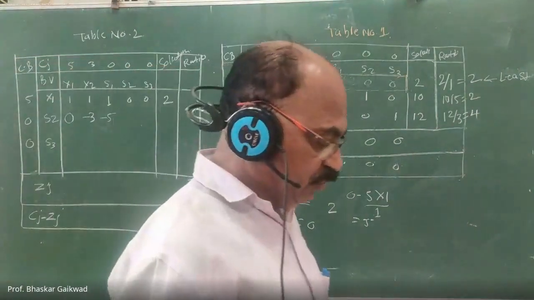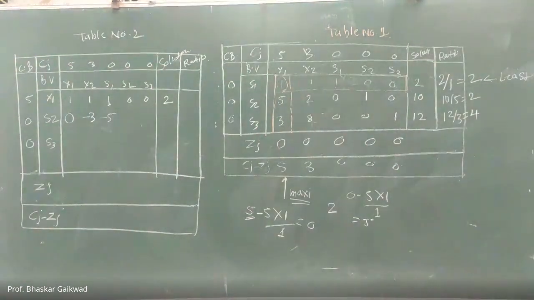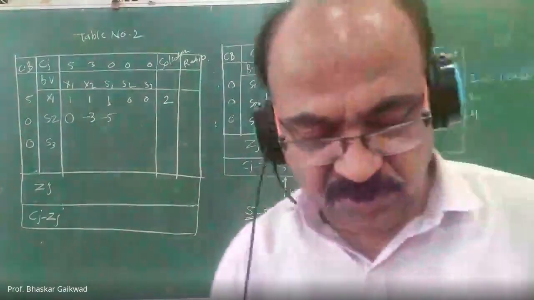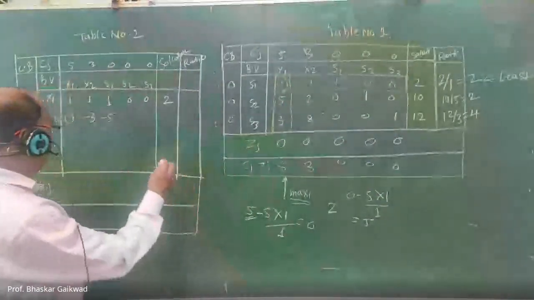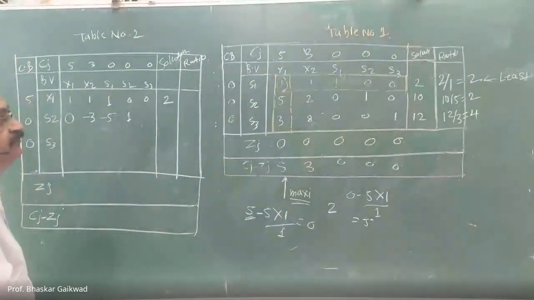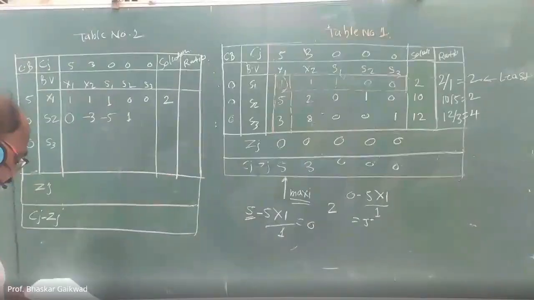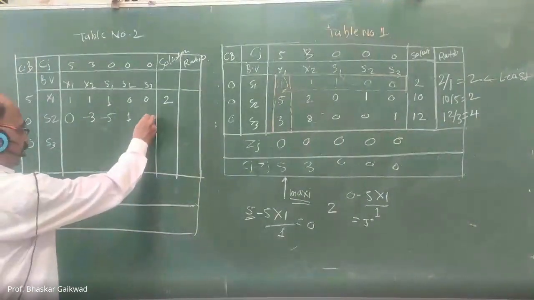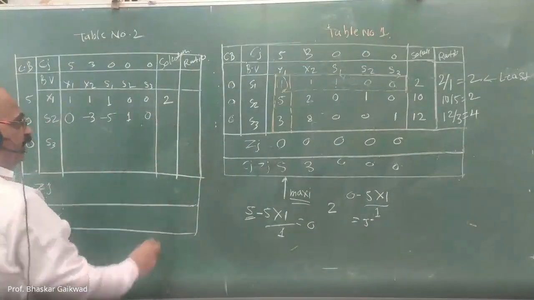Now S2. Below S2, what should be there? 1. Correct. And what about S3? 0. Correct. What about here?